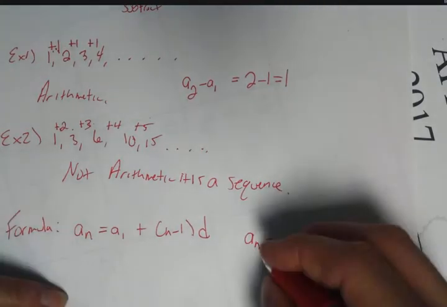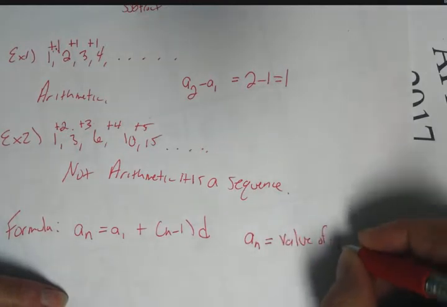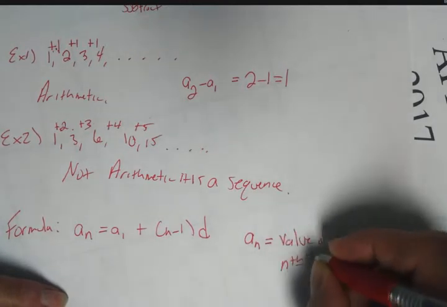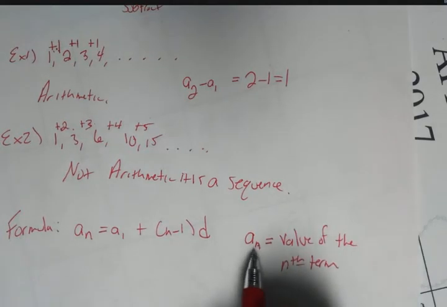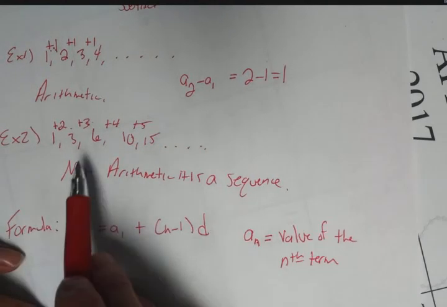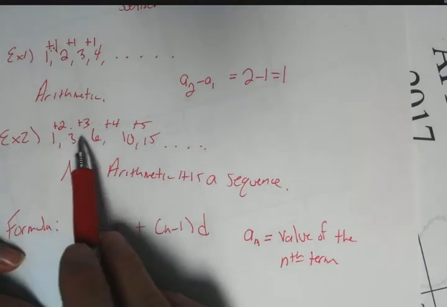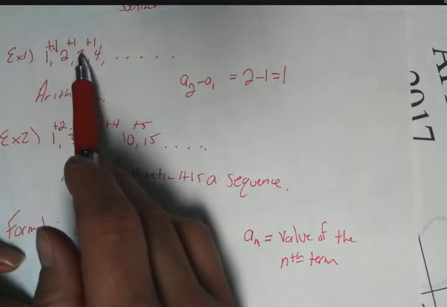So an is the value of the nth term. Now we say nth because this letter right here is an n, so that's the term we're looking at. This could be like the 5th term, which in this case up here, this would be 15. Or if we're looking up here, we say the 3rd term, which we just count 1, 2, 3. This will be the 3rd term.